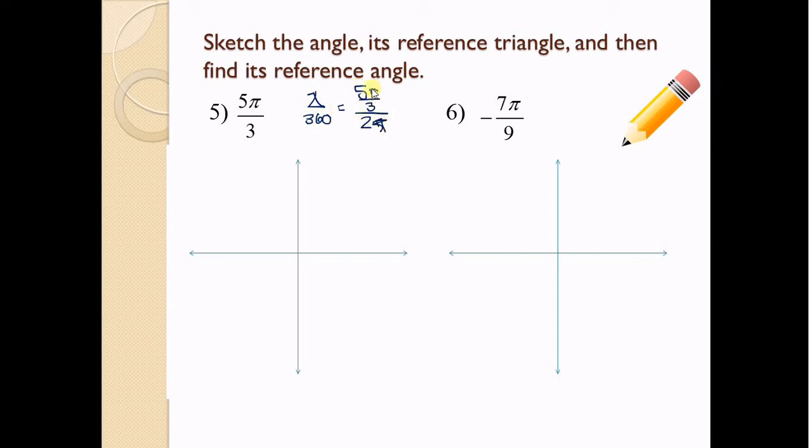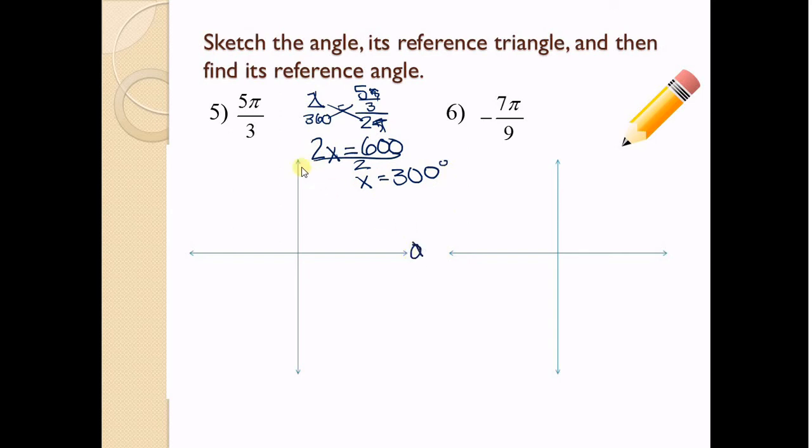The pi's are going to cancel off, so I can go 5/3 times 360. So 5 divided by 3 times 360, I get 600. So I'm going to get 2x equals 600 by cross multiplying. Divide by 2, x equals 300. That's my degrees.